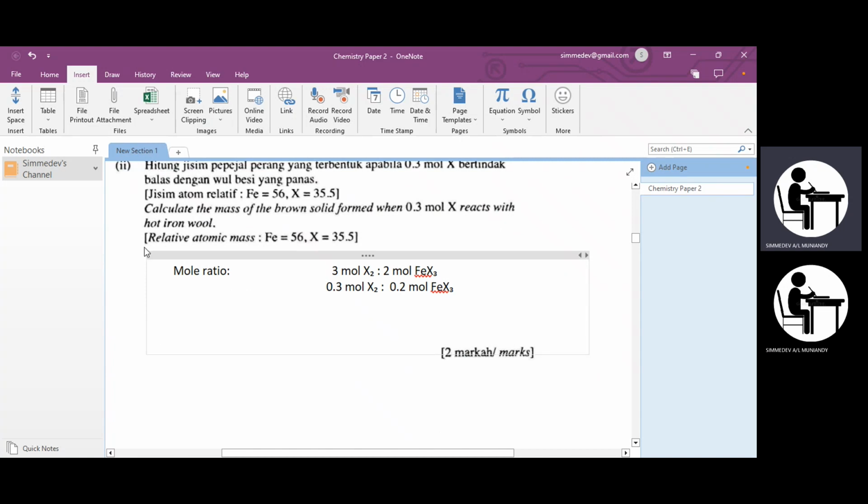So again, you have to have this header, so you write mass of FeX3. Mass of it is number of mole multiplied by molar mass. So number of mole is 0.2.